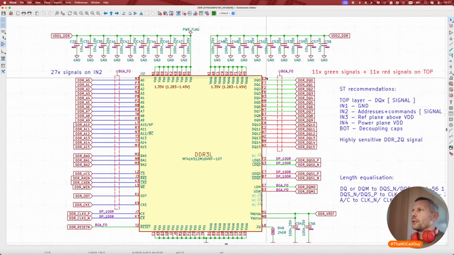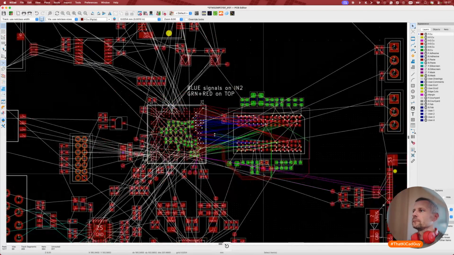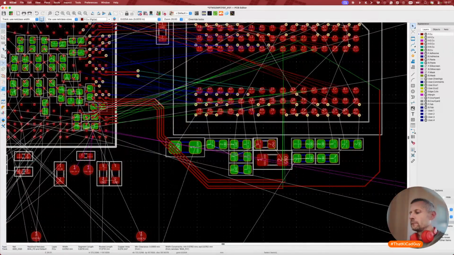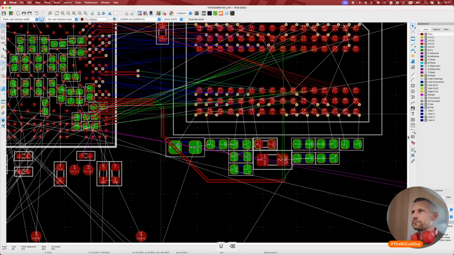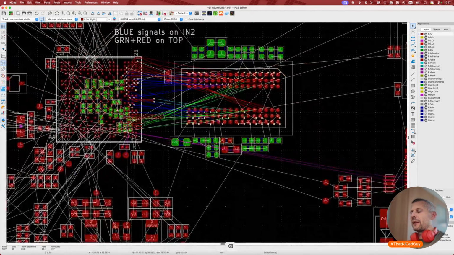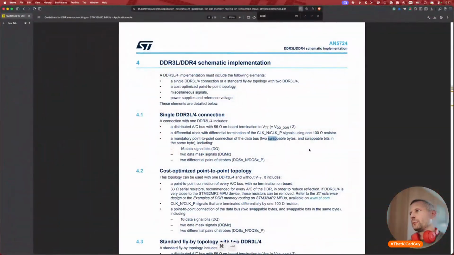So the lower byte is green and the upper byte is red, so we can swap them. We can swap them completely, and then we can swap bits in each byte.